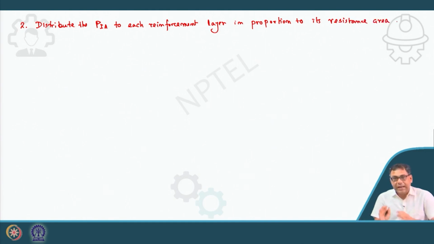That means the area beyond the failure zone. So, first you distribute this PIA to each reinforcement layer in proportion to its resistance area.